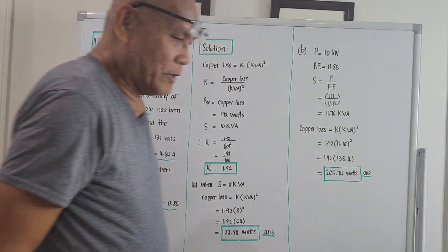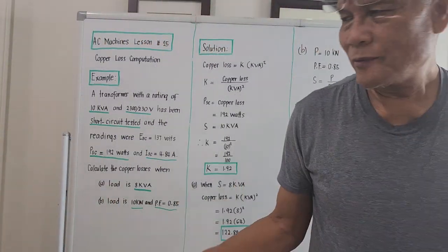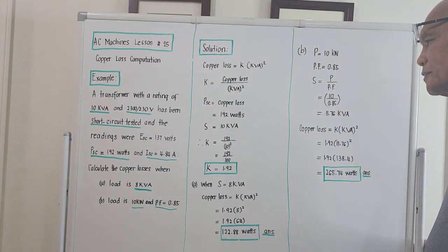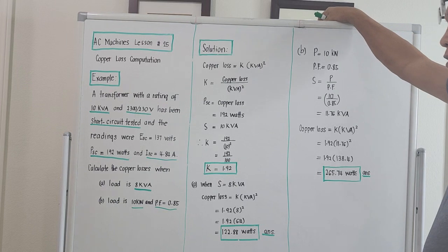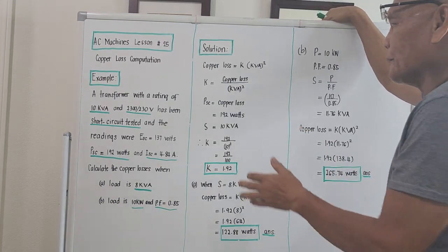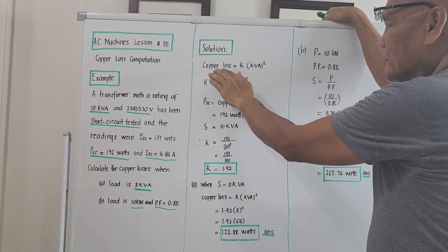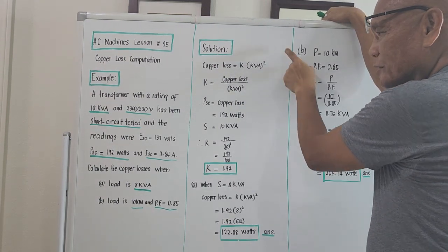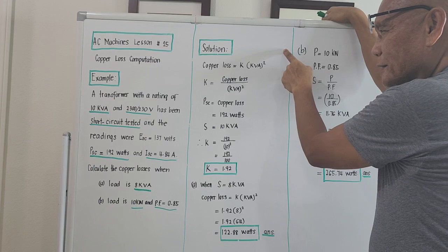From the look of it, it seems we are given so many things in the problem, but the other data are actually not needed, right? Because in the computation of the copper losses, the formula is just copper loss equal to a certain constant K times the square of the kVA, right?